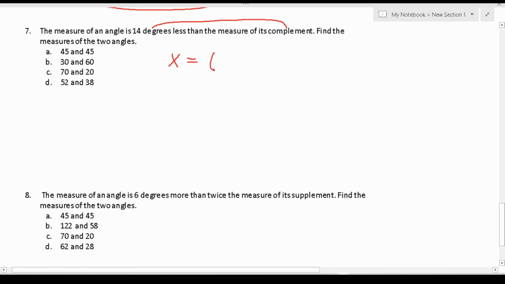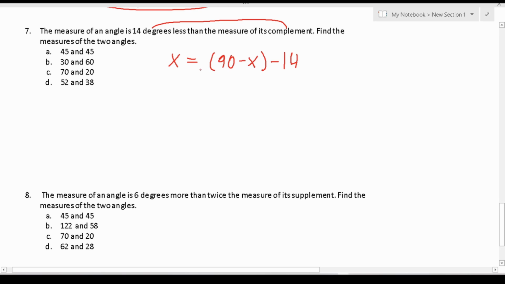Therefore, I know the complement of angle x is going to be 90 minus x. So I just represented its complementary angle algebraically. If this is x, its complement is 90 minus x. And then we're told additionally that this angle is 14 degrees less than that. So that's going to be minus 14. Okay, so this is the setup to this one.